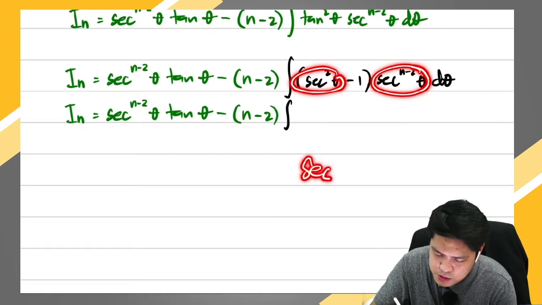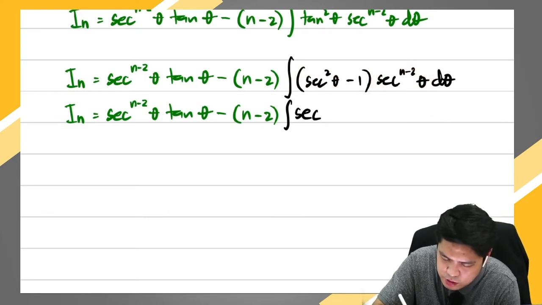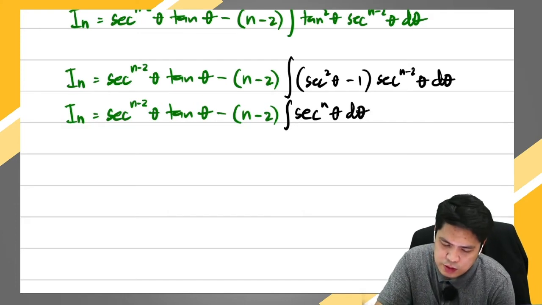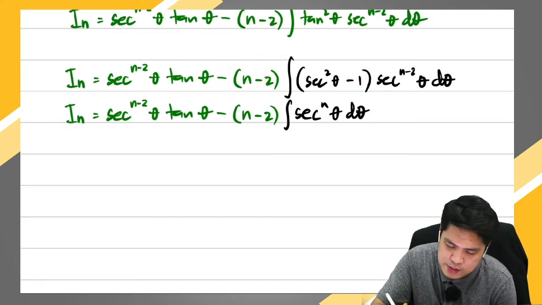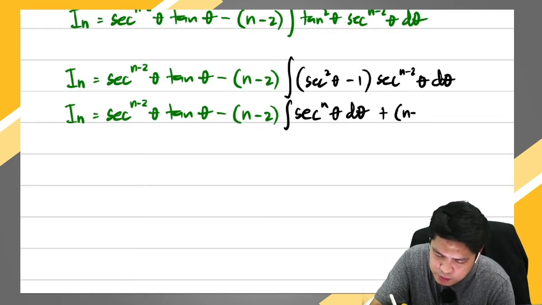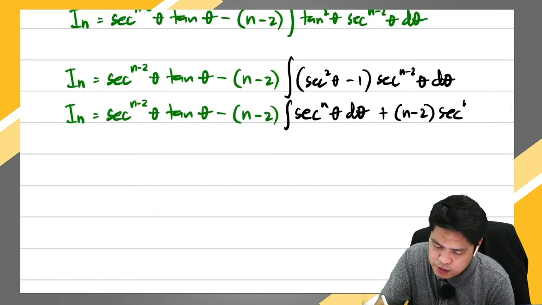That would be secant raised to n minus 2 plus 2. So secant raised to n na lang siya. Secant raised to n theta d theta. Then of course, ito minus magiging plus n minus 2 times the integral of secant n minus 2 theta d theta.